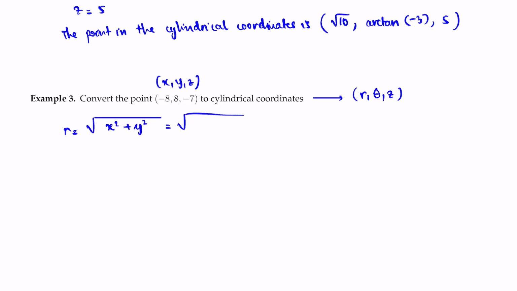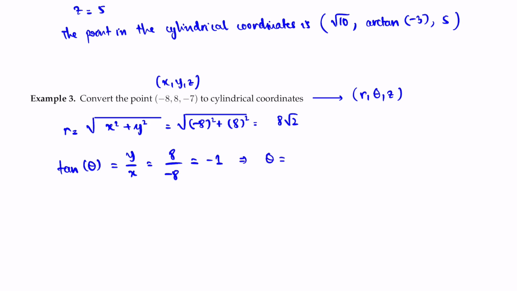Well, this is equal to square root of negative 8 squared plus 8 squared, and this is going to be equal to 8 times square root of 2. For theta, I'm going to use the formula tangent of theta equal to y over x, or 8 over negative 8, which is equal to negative 1. Therefore, theta is equal to arctangent of negative 1.